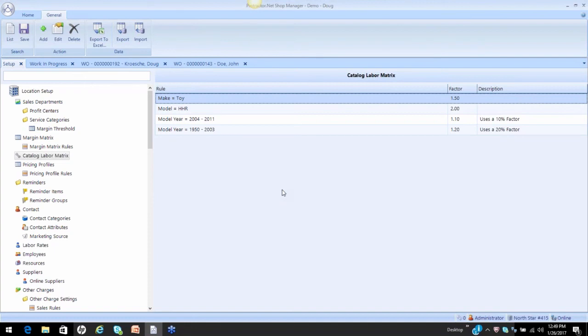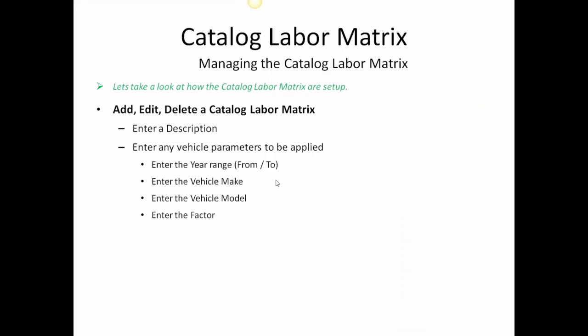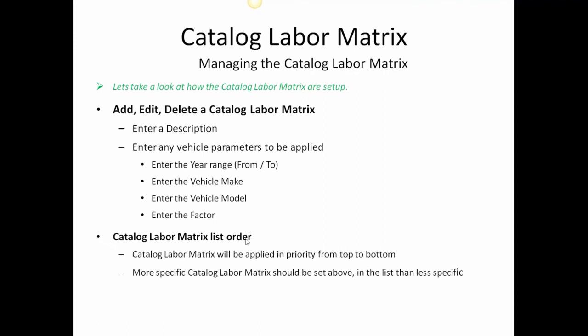So hopefully you can take advantage of that, but hopefully understand also what you're doing. So in here, add, edit, delete a catalog labor matrix, enter a description, enter any vehicle parameters to be applied, your year range, make, model, enter the factor. Okay, catalog labor, again, the list is going to be just like the margin matrix.